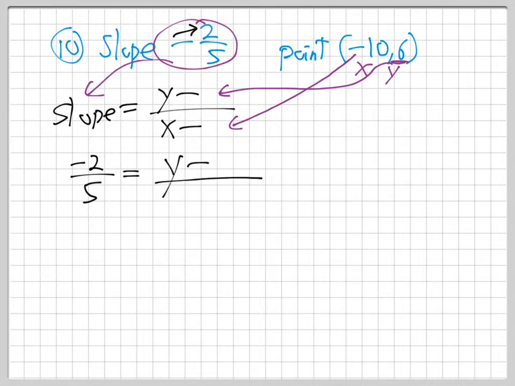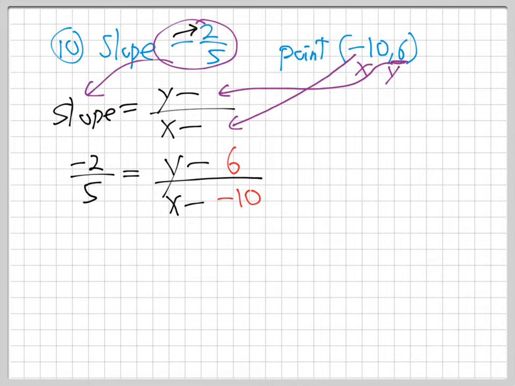Everybody good there? And see how there's built-in subtraction symbols to the slope formula already there? That's in addition to whatever signs come when they're plugged in. So I'm going to plug in a negative 10 here and a regular 6 there. See the double negative down there? So that's going to become positive, isn't it?